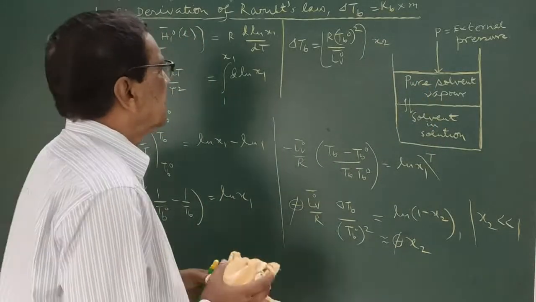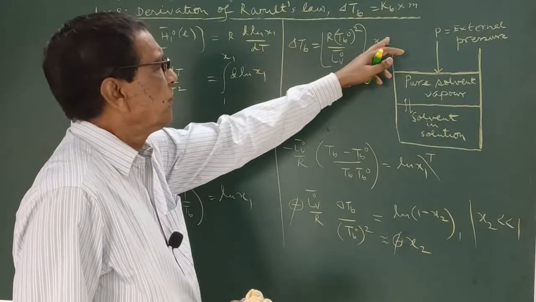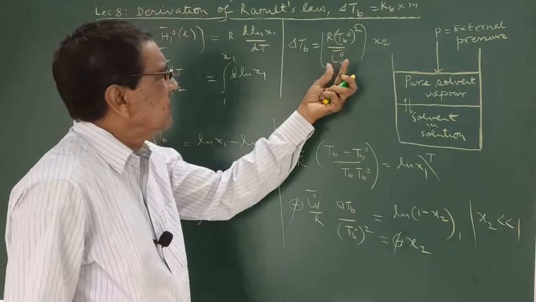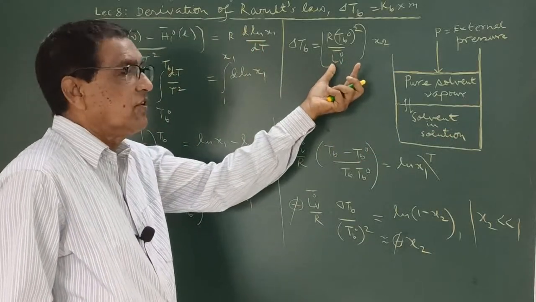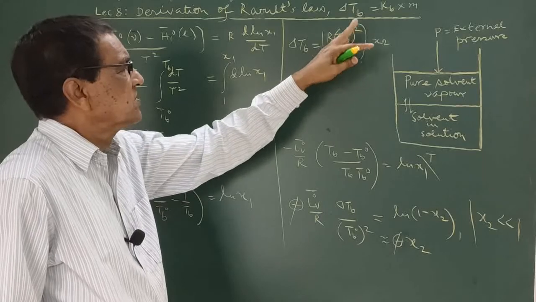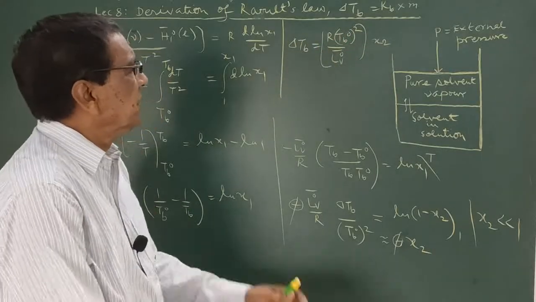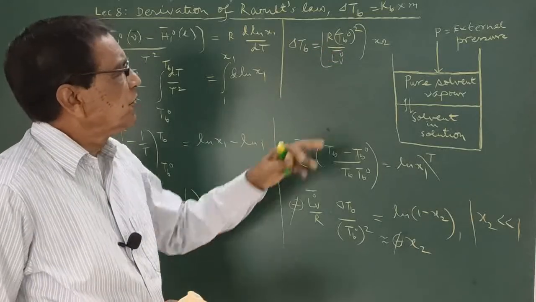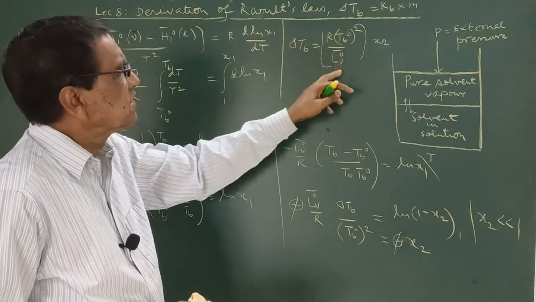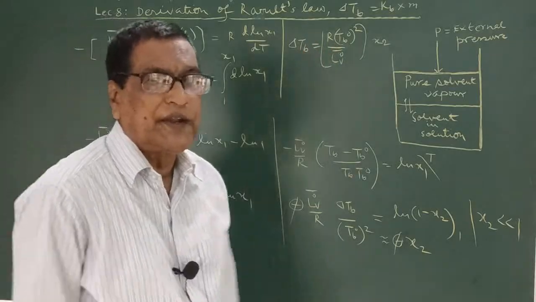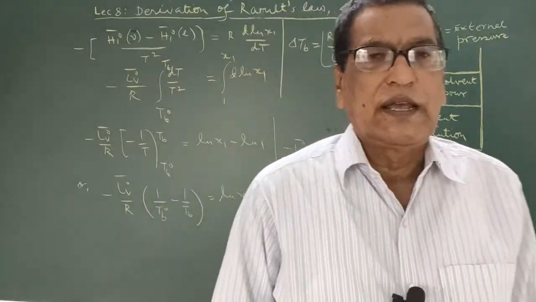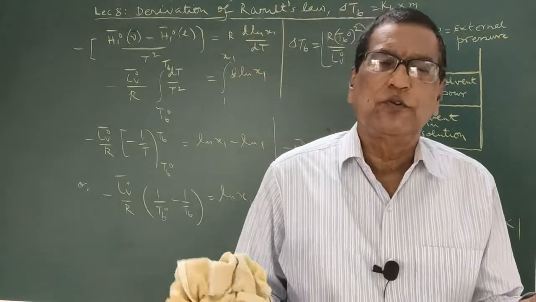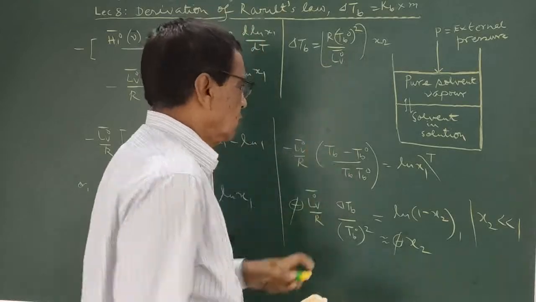It is very clear that delta TB depends on the mole fraction of the solute in solution, and this term is constant for the solvent. TB naught is the boiling point of this pure solvent. LV naught bar is the molar latent heat of evaporation of this pure solvent. So this property within the third bracket is constant, and depends only on the nature of the solvent. Different solvents will have different values.